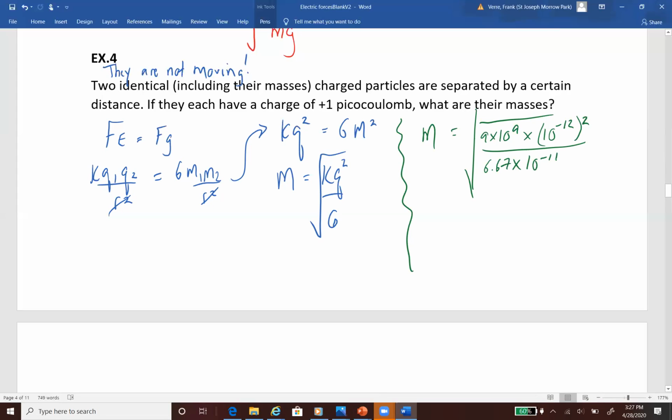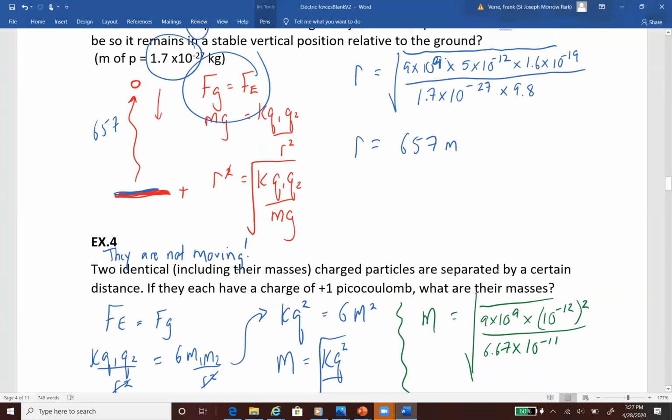Okay. All right. So if you do that, you get a mass of about 0.012 kilogram. All right. Any questions? No questions? Okay. So let's move on.